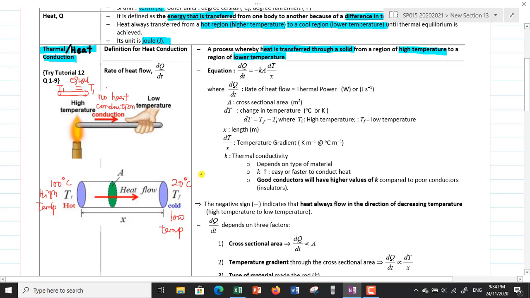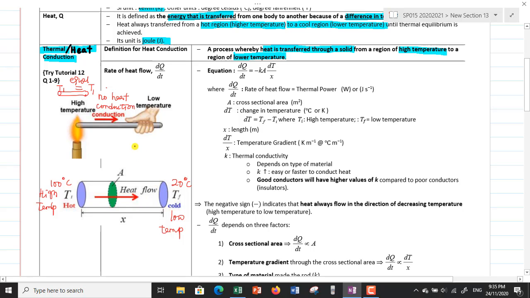So the heat will flow. There will be heat conduction from the high temperature hot end to the low temperature cool end. The heat travels a distance of x across an area of A. So the heat flows from the hot end to the cold end.